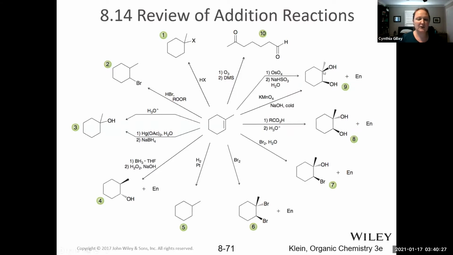Alternatively, you can also draw the reactants and the product on the front side of a flashcard and leave the arrow blank. And then on the back side of the flashcard, add in the reagents, so you are testing yourself: if you're given the reactant and the product, do you know which reagents were used to produce that product? Less common would be to draw the substrate on the back and leave that off on the front side, because sometimes that's useful, but for the most part, the substrate is pretty obvious.